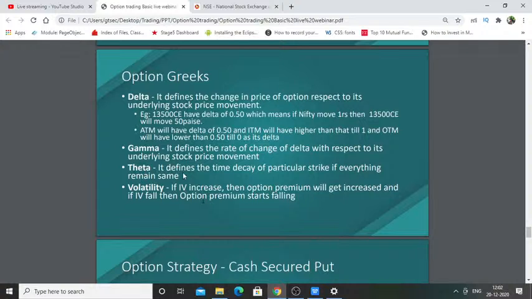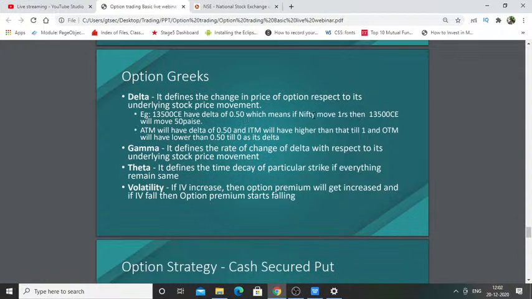So the first thing in option Greeks is delta. Delta is how much a particular strike price premium is going to move as per the underlying stock price movement. It defines the change in price of an option with respect to its underlying stock price movement. For example, let's assume the 13,500 call option has a delta of 0.50.